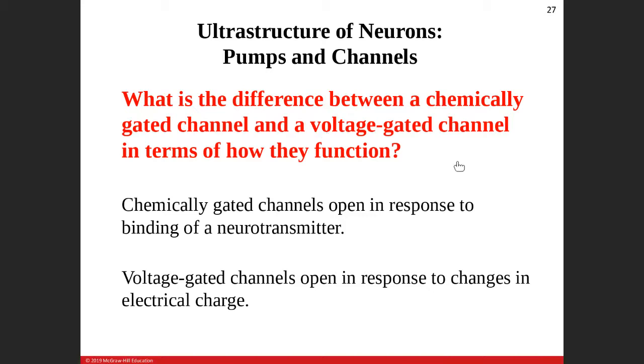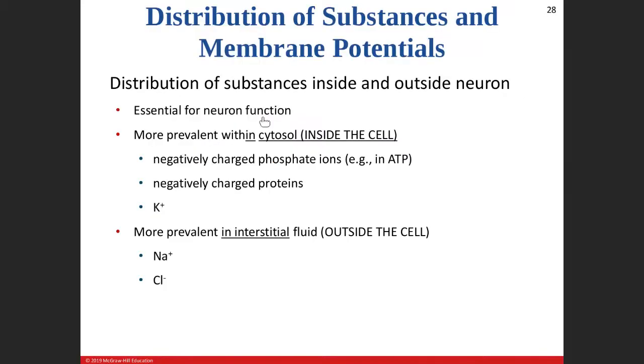All right? This next slide will help to make some sense. So in order to start to understand this term right here, membrane potentials, what that is, we have to understand what's involved in creating a membrane potential. And that involves substances.